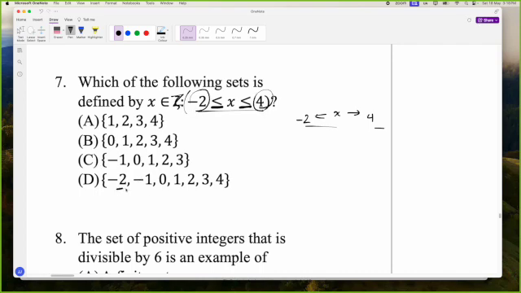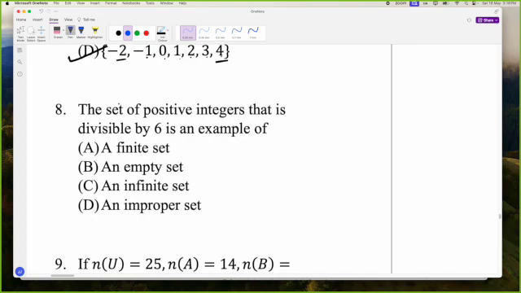So this is the only thing that includes the -2 and the 4, counting all of the integers, -1, 0, 1, 2, 3, up to 4. The answer is D. If anybody wants me to explain it again, let me know.